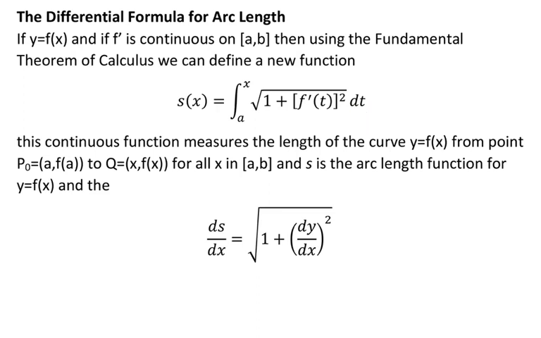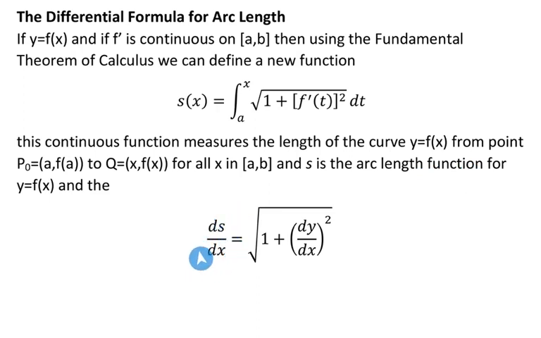So this continuous function measures the length of the curve of f of x from some point p sub 0, an initial point at a, to an ending point q at any variable x, as long as x is in that closed interval from a to b. S is the variable that represents arc length of a function.